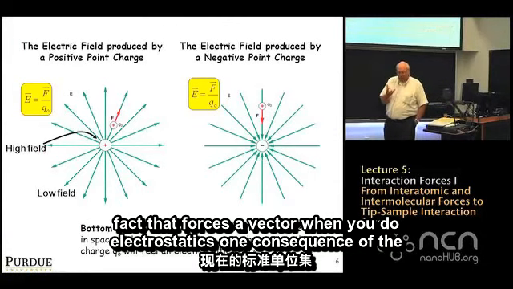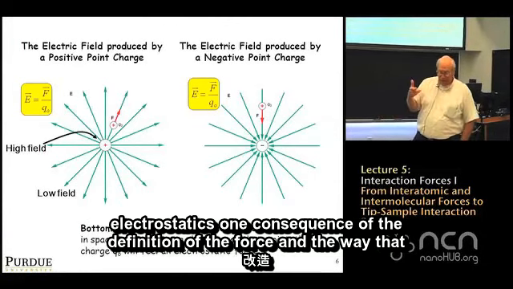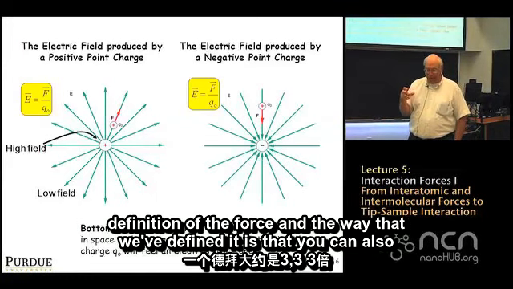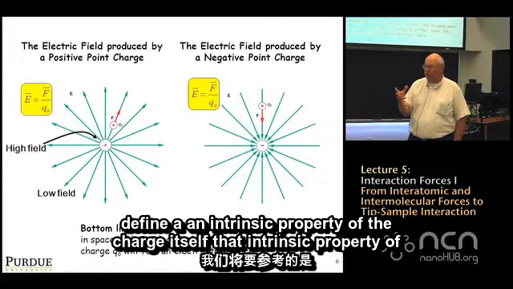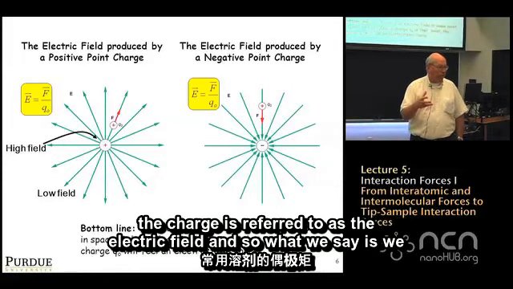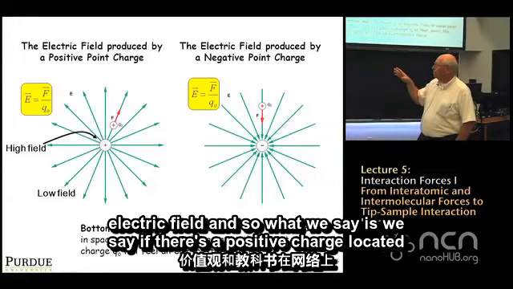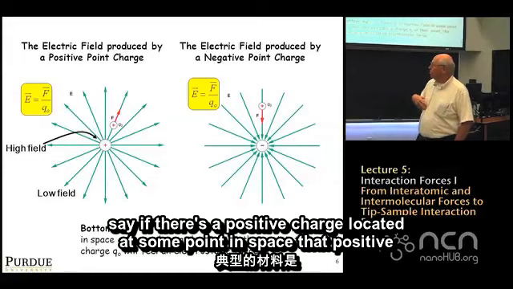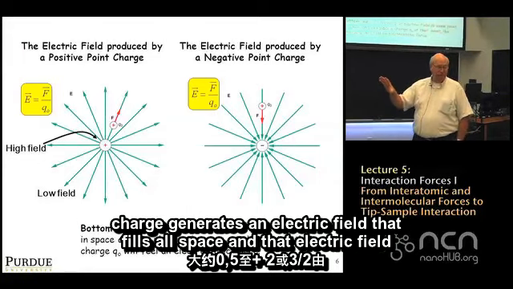One consequence of the definition of the force in the way that we've defined it is that you can also define an intrinsic property of the charge itself. That intrinsic property is referred to as the electric field. If there's a positive charge located at some point in space, that positive charge generates an electric field that fills all space.